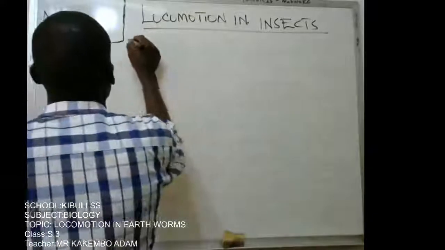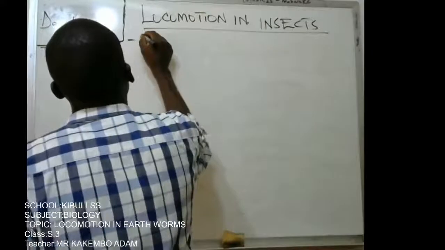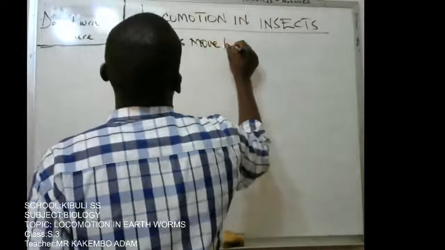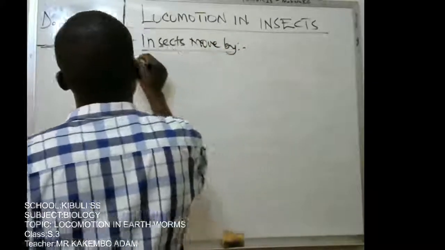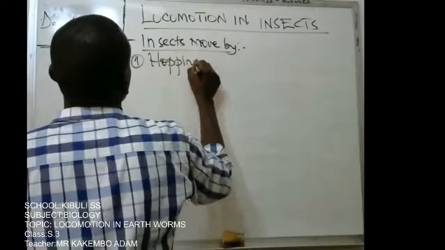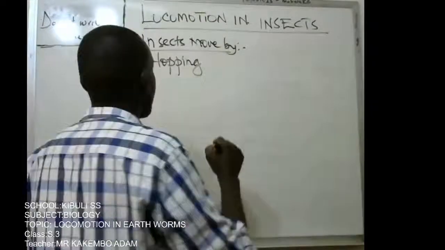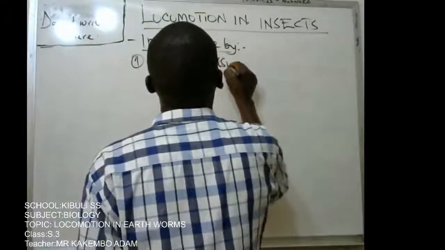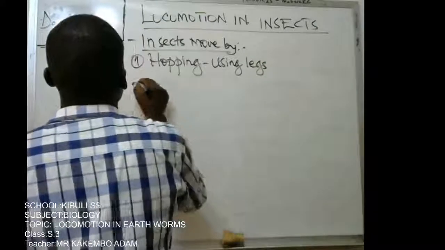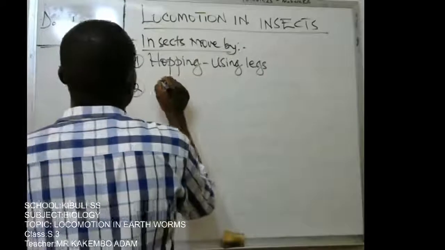So locomotion in insects involves, one, hopping. We have those insects that can hop by using legs. Two, we have insects that have legs to walk as well.